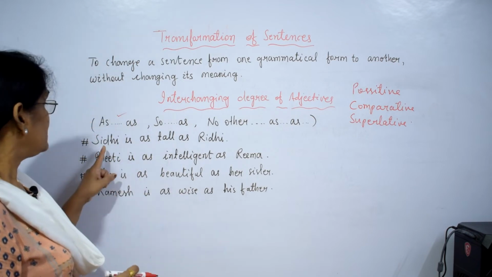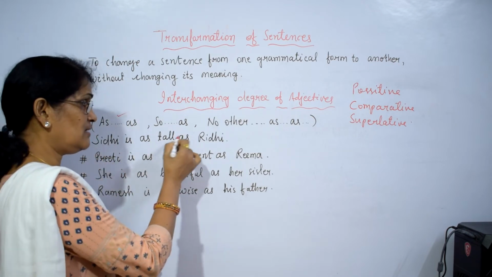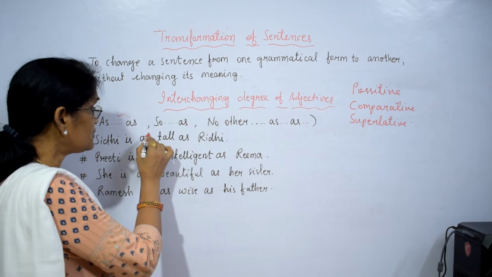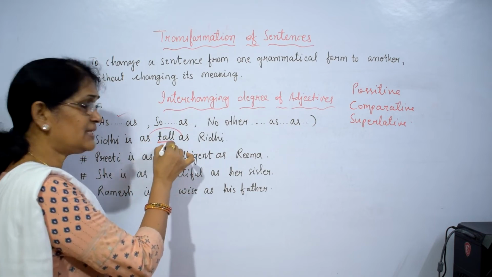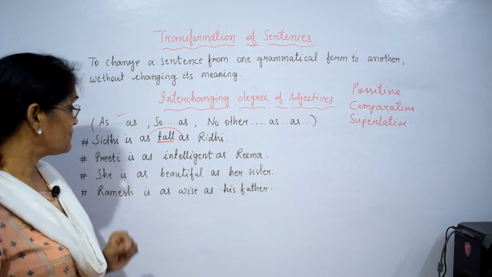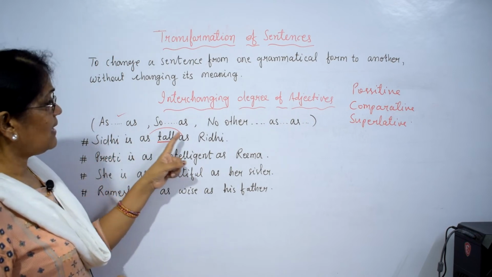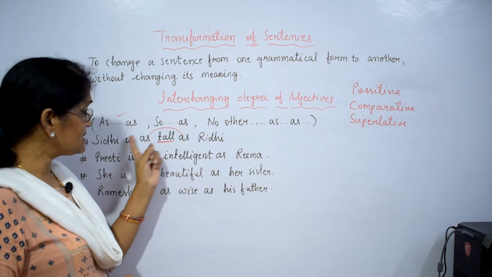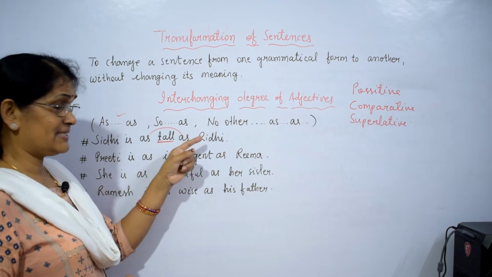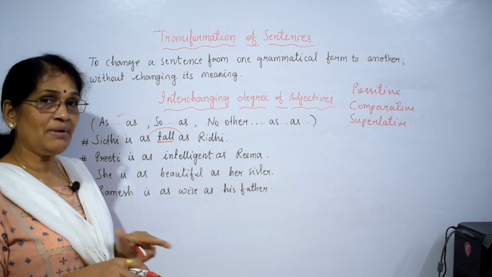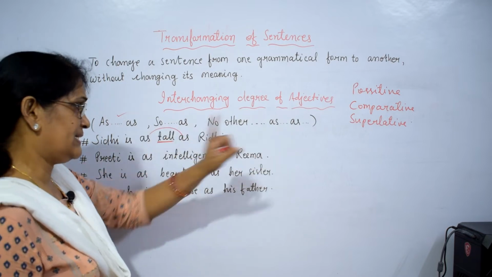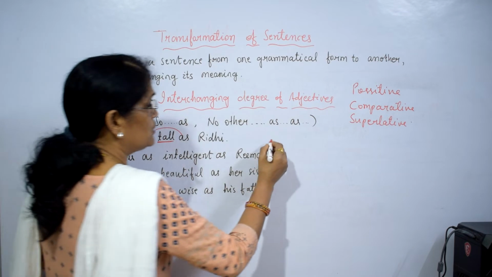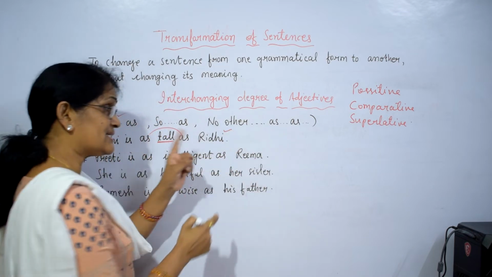Let's see. Sidhi is as tall as Ridhi. We use the structure as...as, and there you use the positive degree of the adjective. That means both have the same height, probably. So, not changing its meaning, how to write the sentence in comparative? First you take the next name.